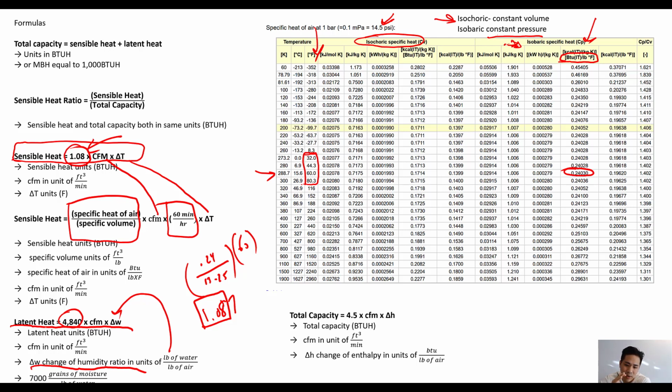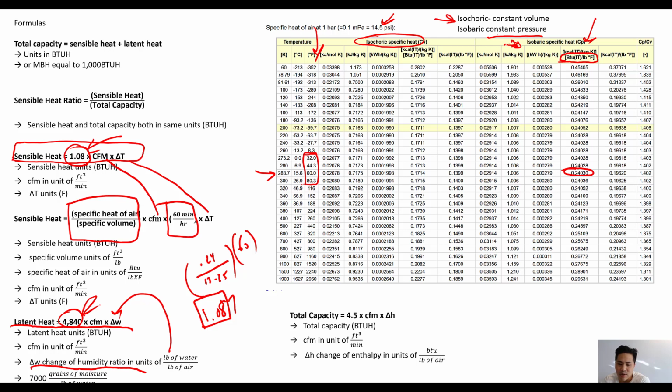So this value is based on a specific condition. So sometimes if you look at the load calcs, the numbers might be slightly different for the latent heat based on the values that you might get using this formula, just because it might be at a different condition.